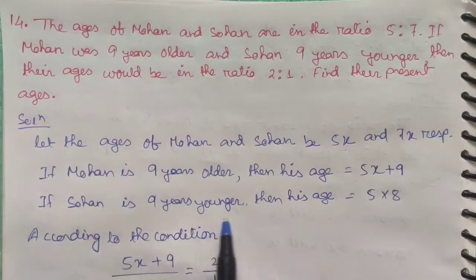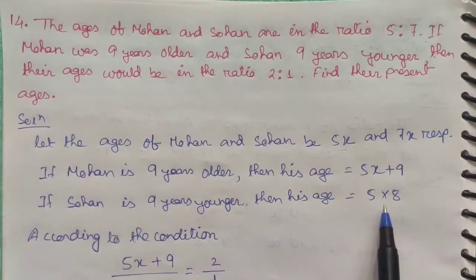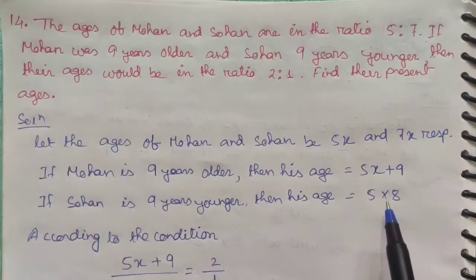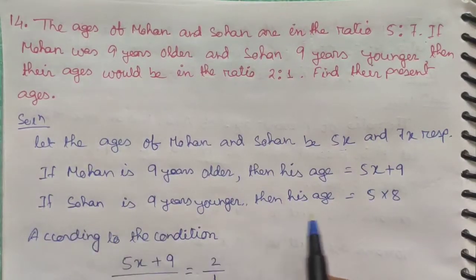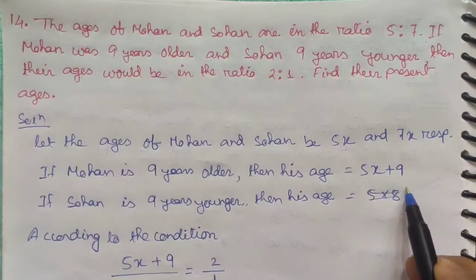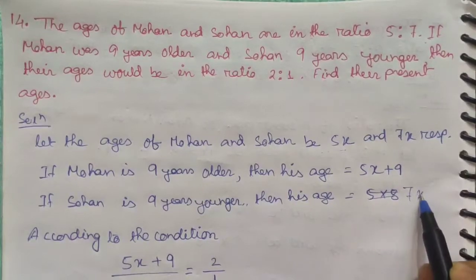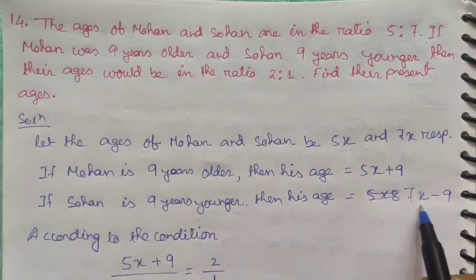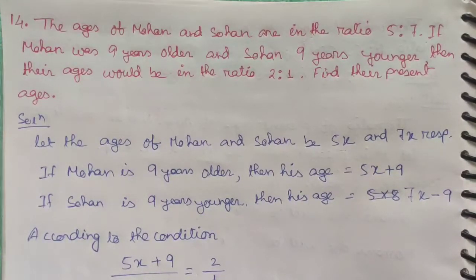And Sohan's age, if he is 9 years younger, his present age is 7x, so we will subtract 9 years from his present age.